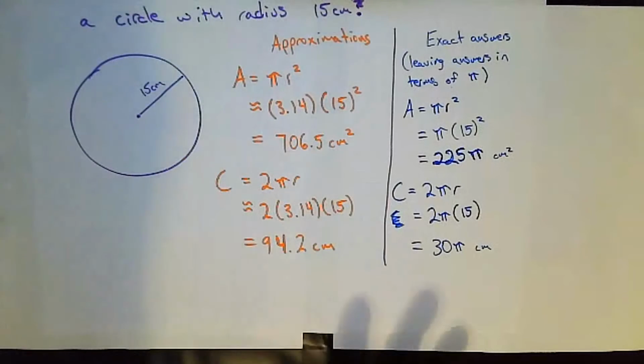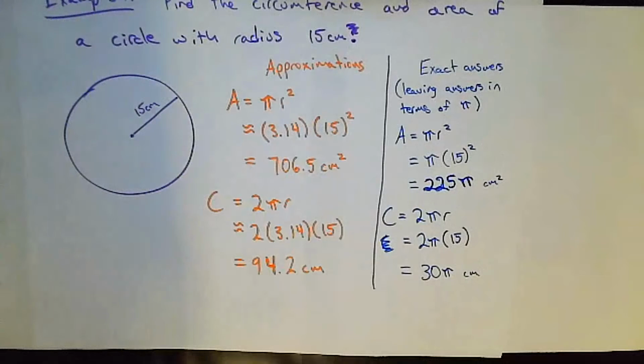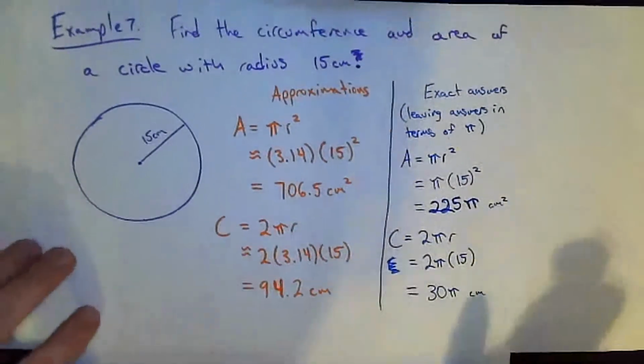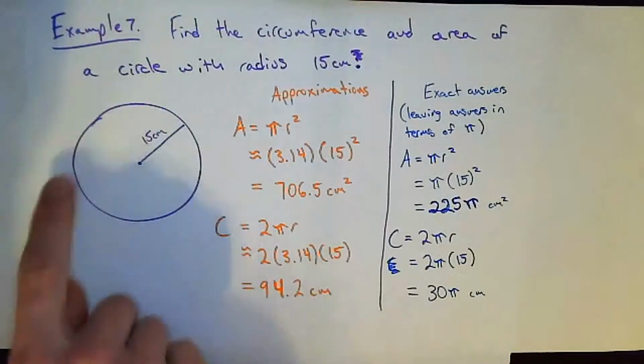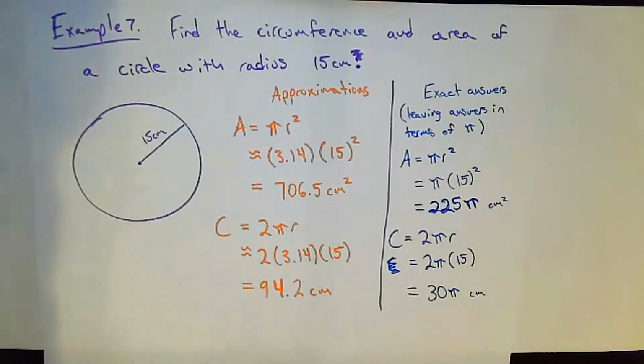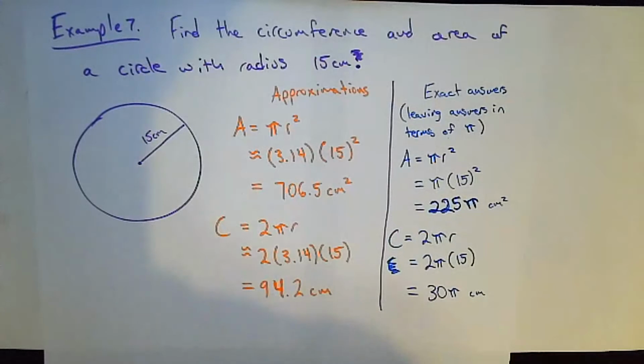Now, in real life, these approximations are probably a bit more useful. Like if you're trying to paint some circle, for whatever reason, a circle with radius 15 centimeters, like some disc or something, and you go to Lowe's and you say, I need 225 pi square centimeters of paint, they're going to be like, what did you just say, right?